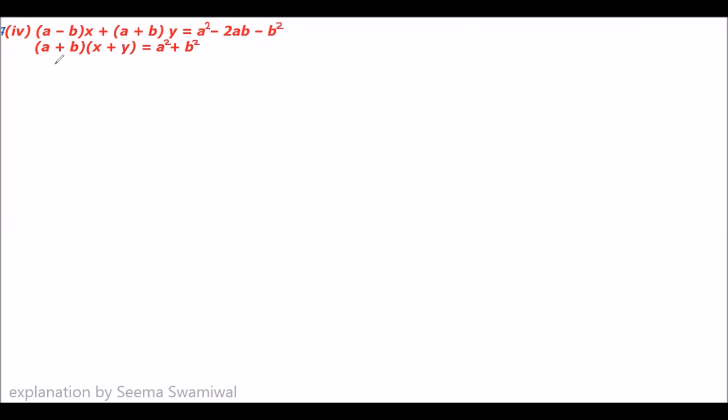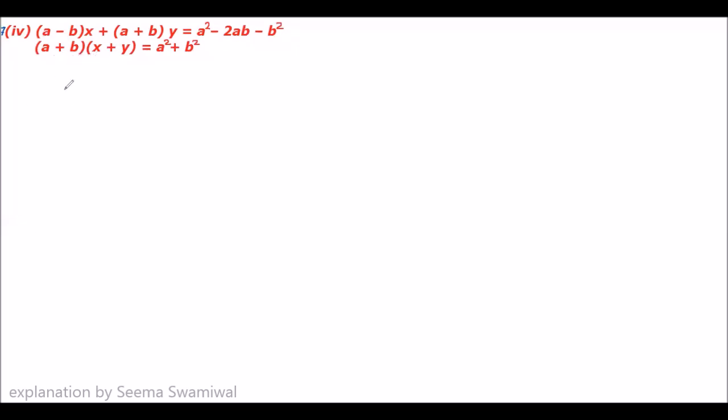But when you are looking at the second equation, here a plus b is the coefficient of x and y both. It is not written in its general form. So first of all, convert the equation in its general form. That means the first term must contain x, the second term must contain y. They should not be in product form.